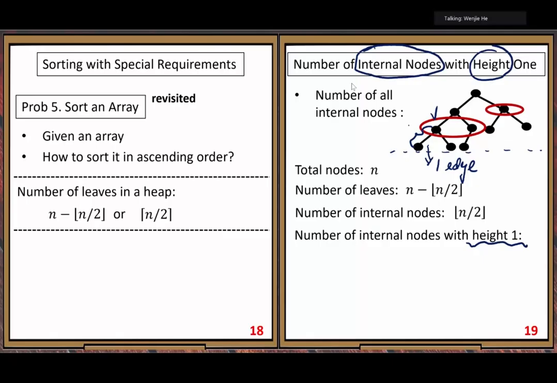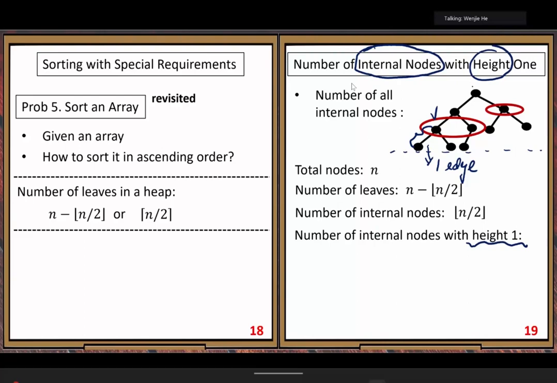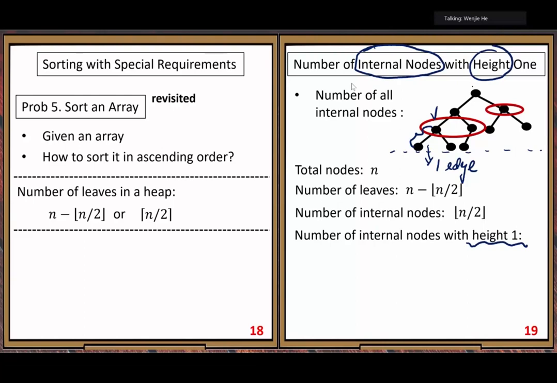So when we count the height, there are several things we need to be careful about, because many students understand heights in the wrong way.